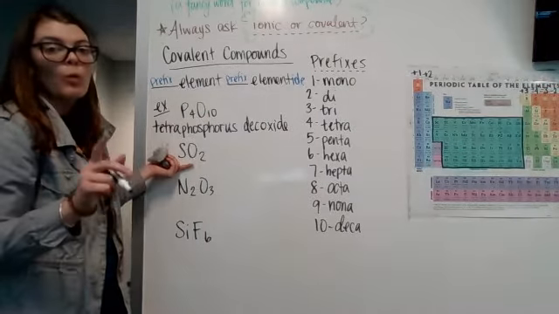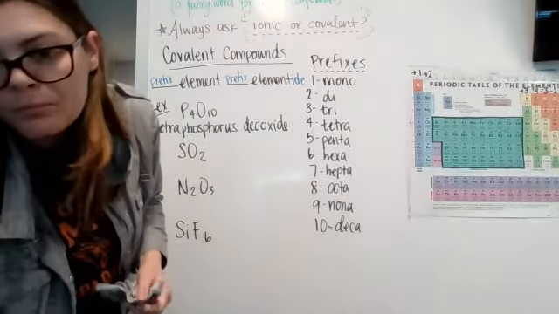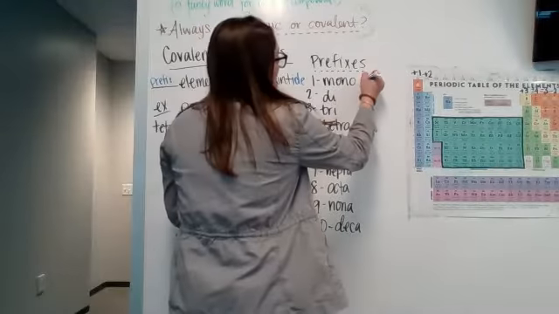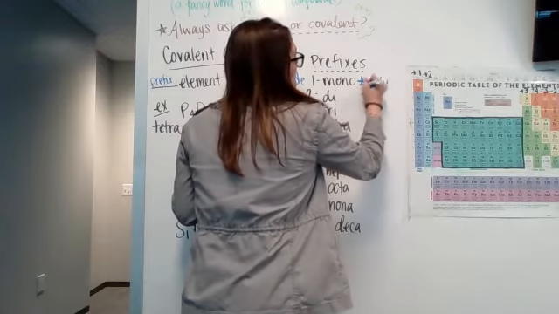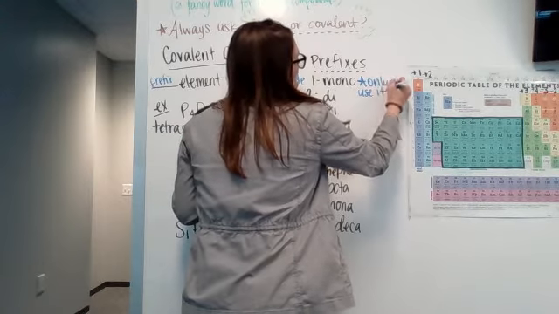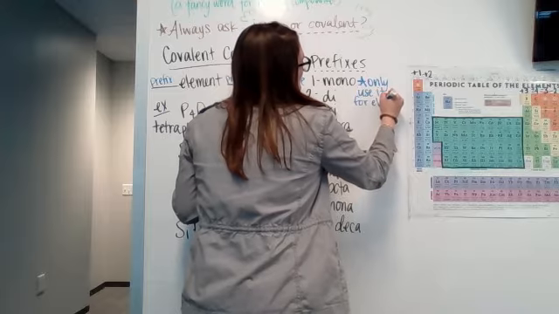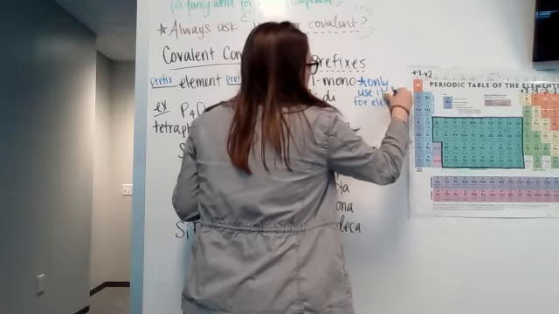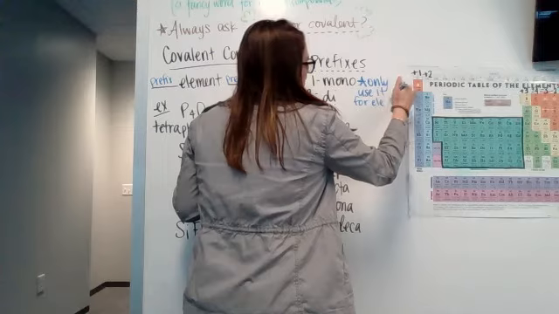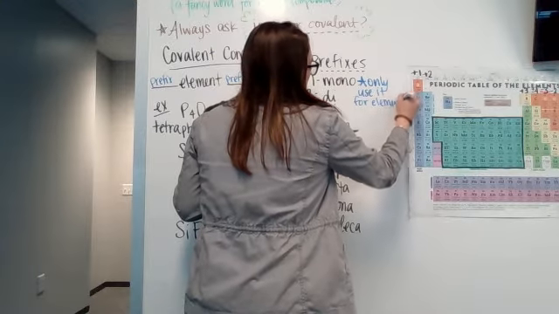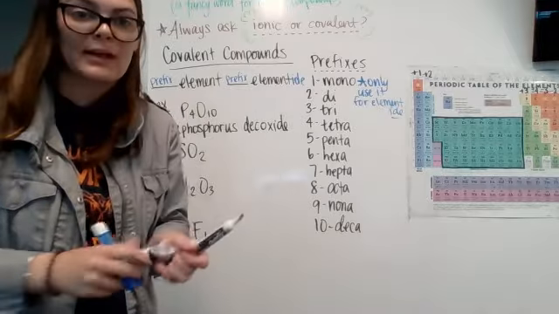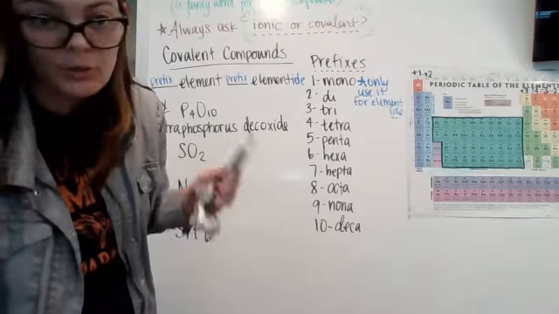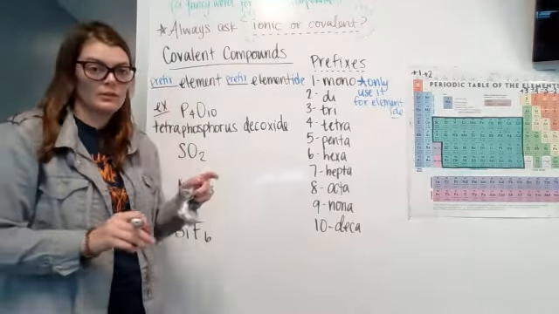SO2. One thing that's super important, mono is special. We only use it for the element with -ide. Okay, so we're only using mono for the second element. We never ever use mono for the first element.